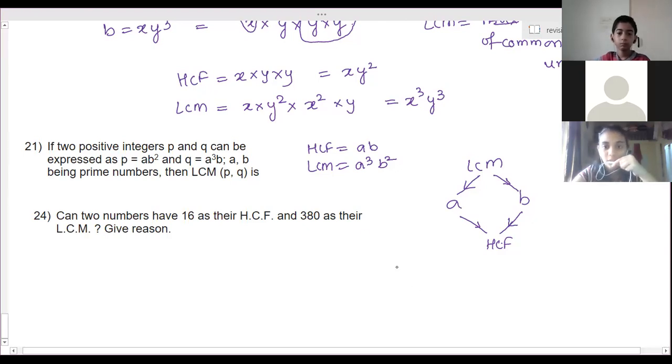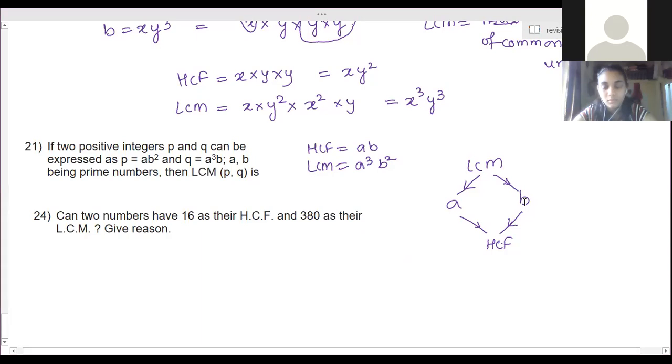HCF is always a factor of LCM. That is, HCF should always divide LCM. Clear? Yes, ma'am.